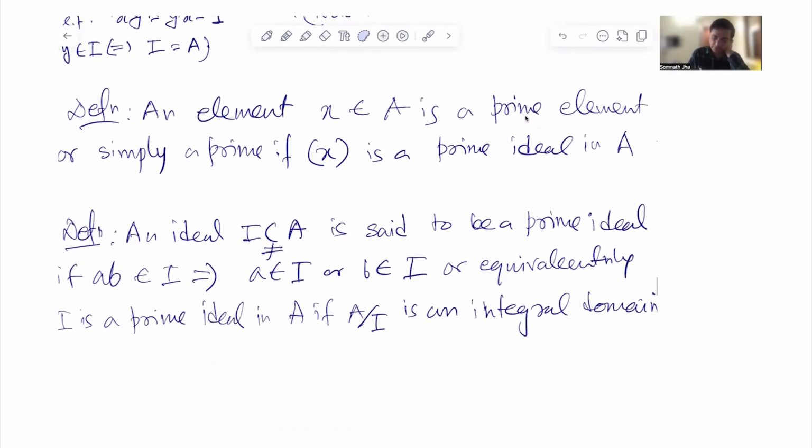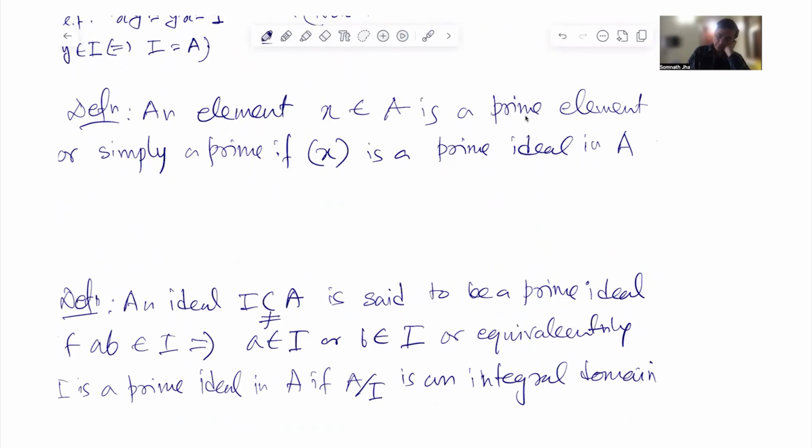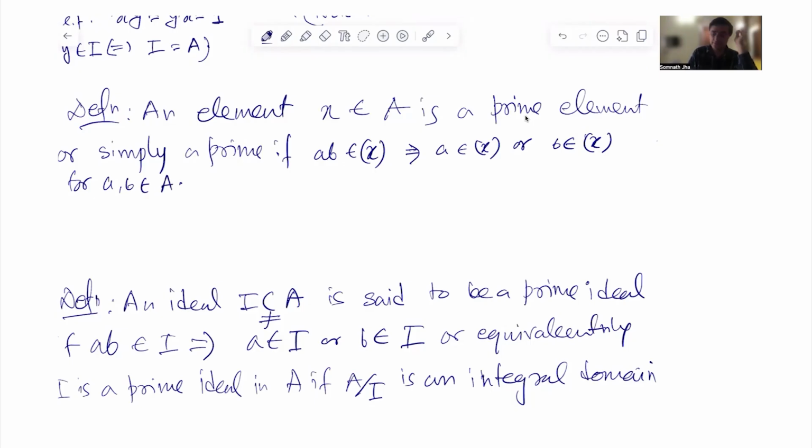Okay, let us get back to this definition. What does it mean for an element to be prime? If AB belongs to (X), then A belongs to (X) or B belongs to (X).